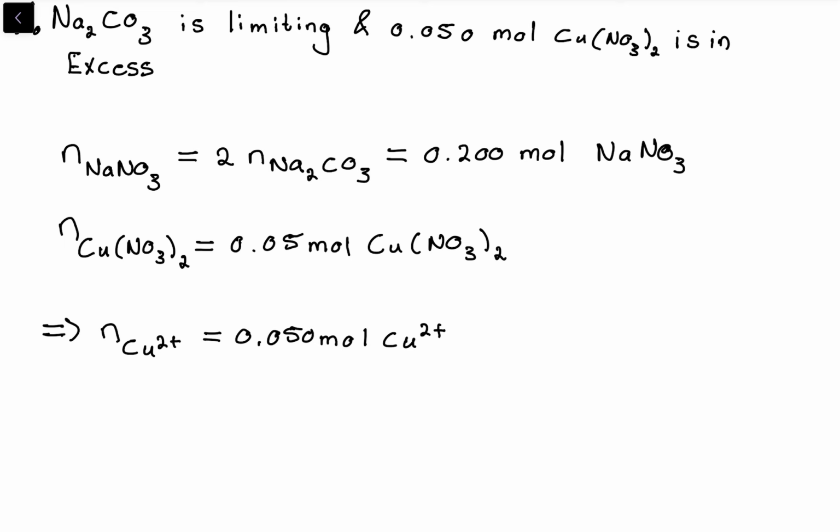The only source of copper 2+ is the excess amount of copper nitrate. So there's only 0.05 mole copper 2+. We have an excess, well, not an excess amount of sodium, but all the sodium went to the sodium nitrate, and it is 0.200 mole sodium+, right, from the sodium nitrate.